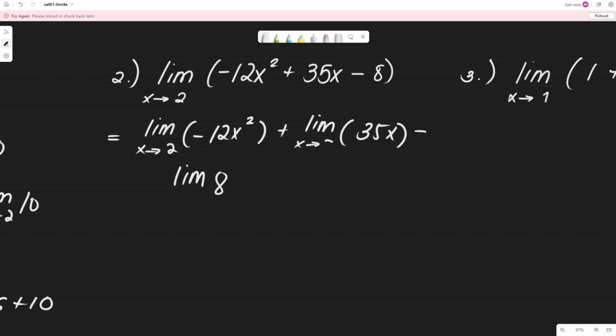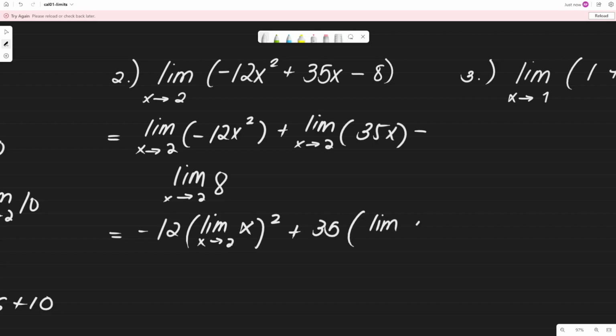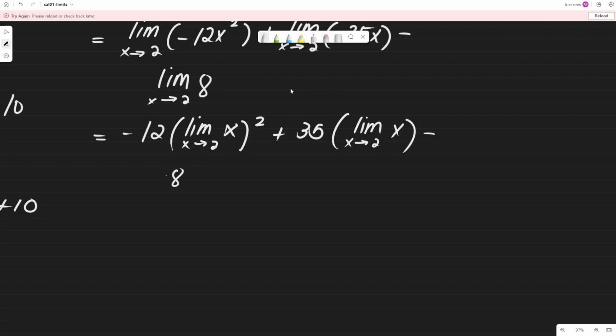So we have negative 12 multiplied to the limit of x as x approaches 2 quantity squared plus 35 times the limit of x as x approaches 2 minus 8. We don't need to write the limit operation for the constant, since when you take the limit of a constant, you still get the constant.